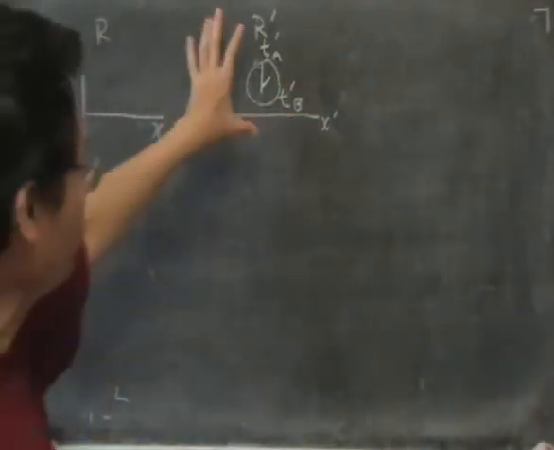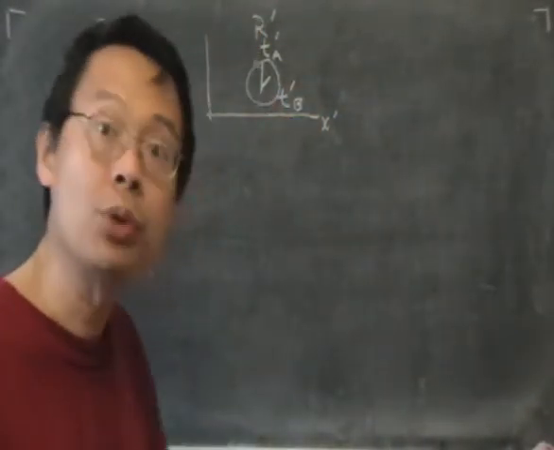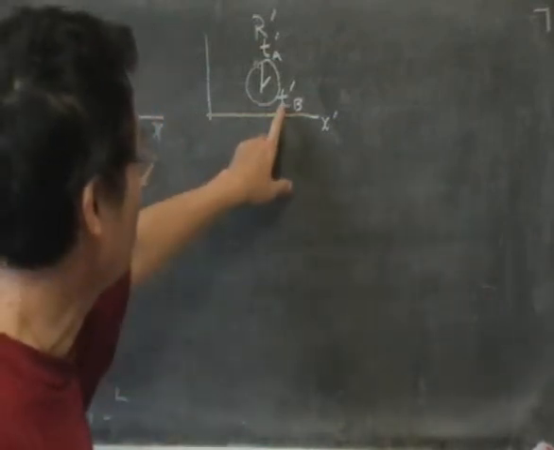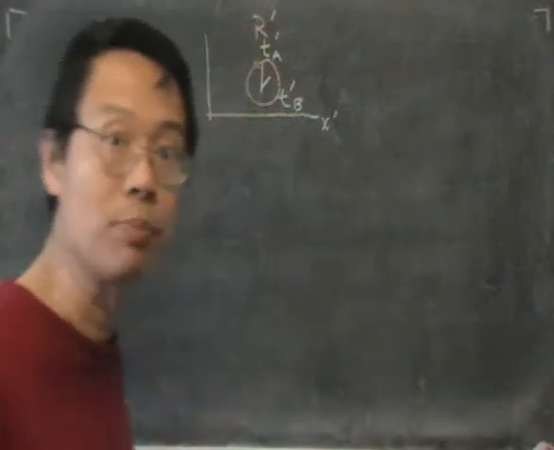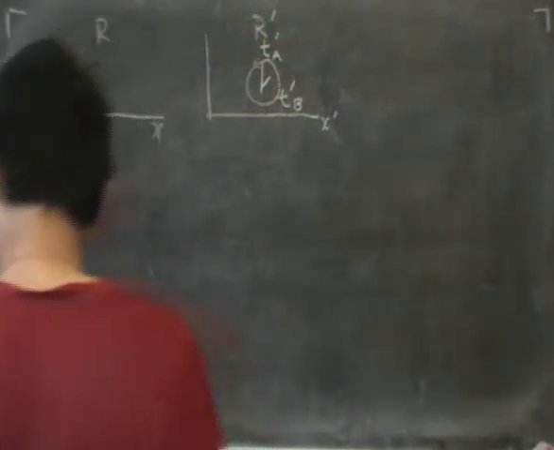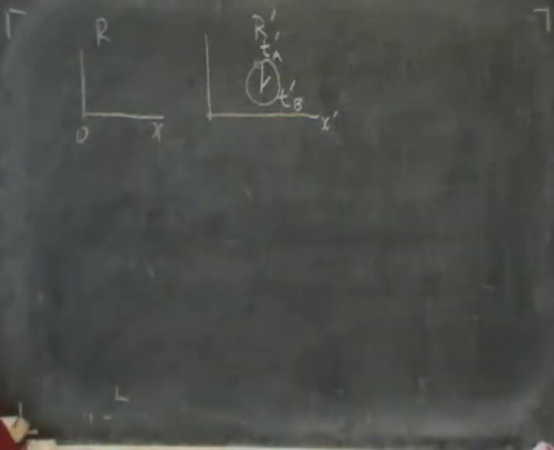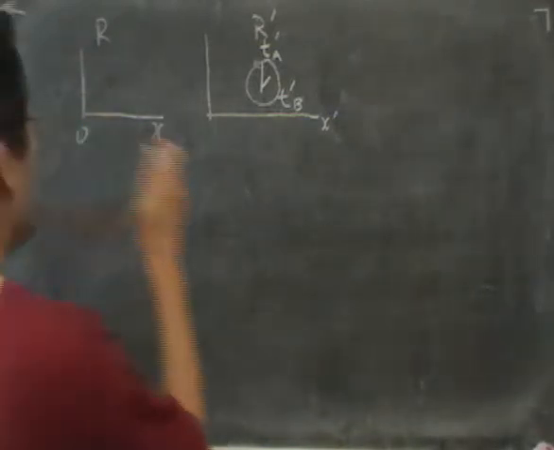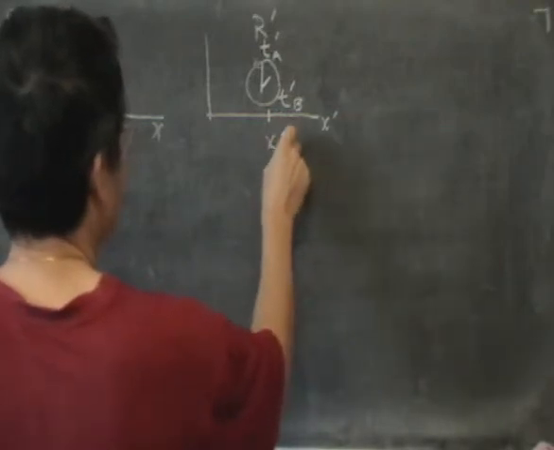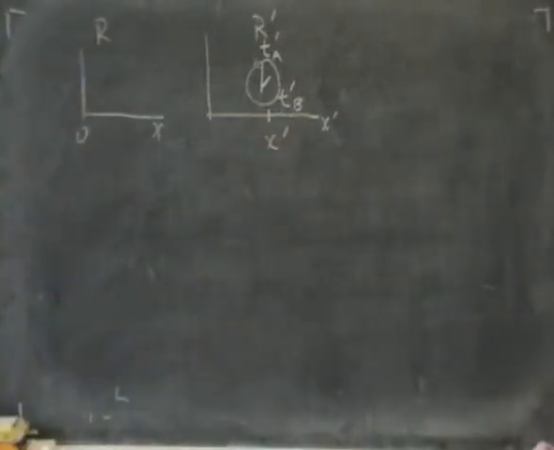So this observer measures the duration of this time, and it would simply be TB prime minus TA prime, just by looking at the clock. So that's quite straightforward. Okay, and the position of this clock would be at a certain value of x prime. Just call that x prime.